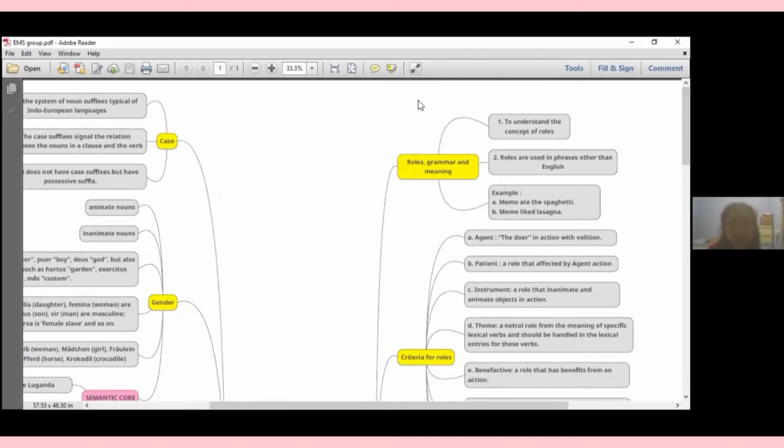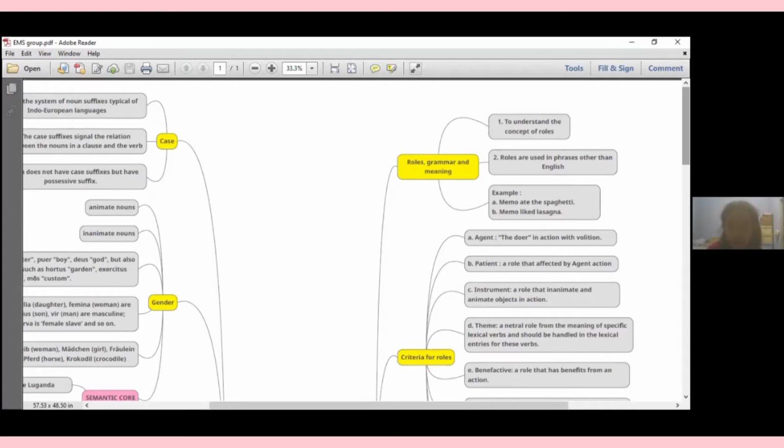There are central participants such as agents and patients, and peripheral participants, some of which are called circumstances, such as place and time. The distinction between the central participants and the peripheral circumstances largely corresponds to the distinction between the core of a clause and the periphery of a clause.